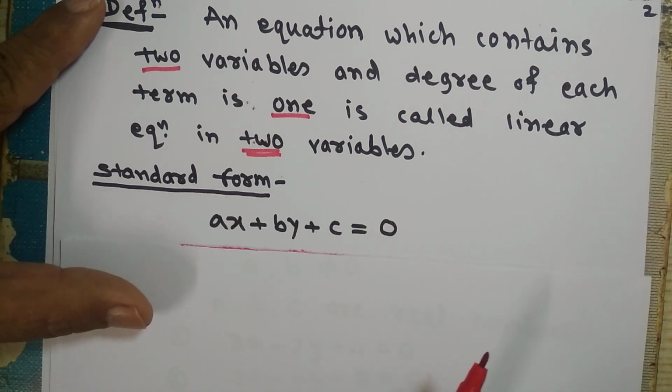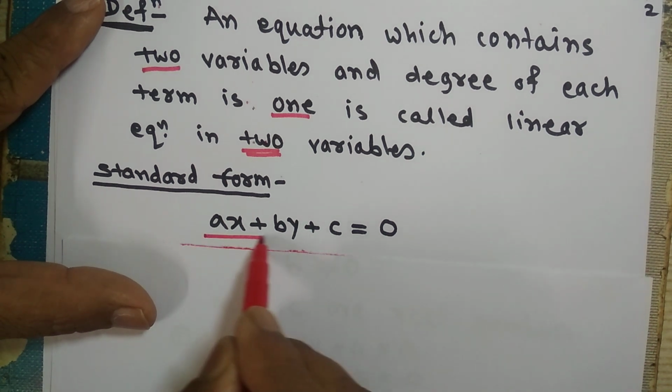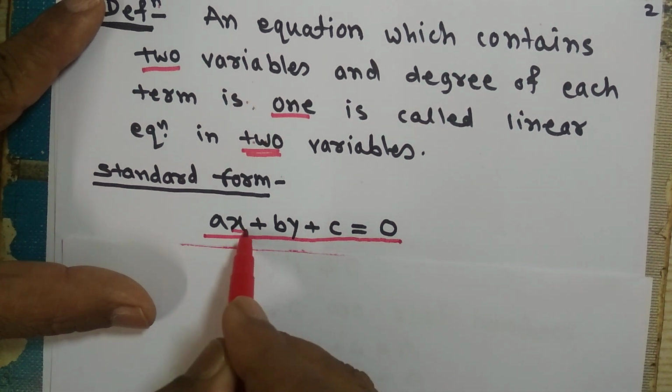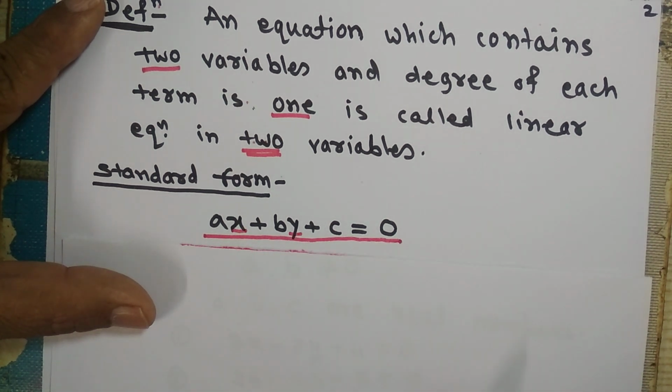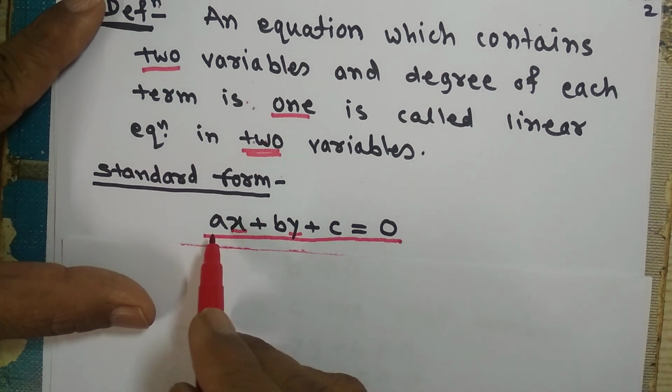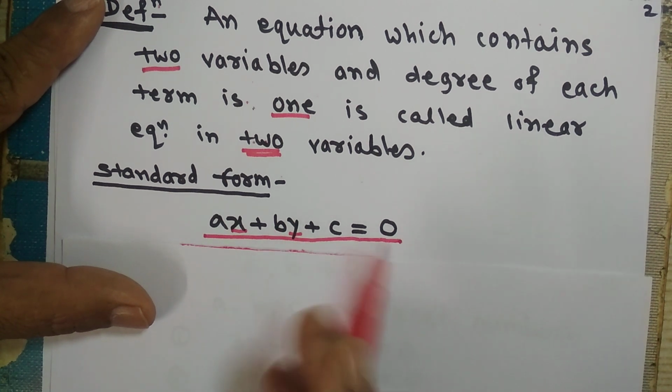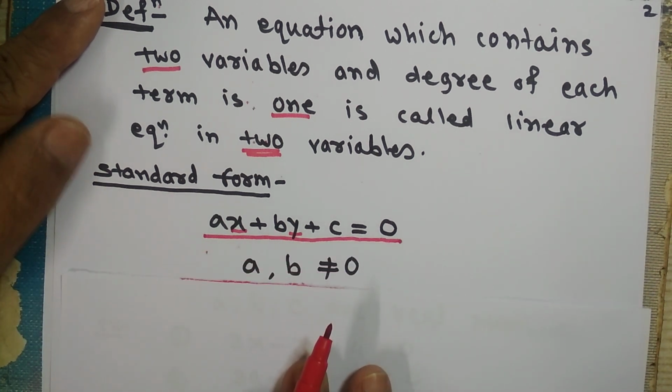This will be ax plus by plus c is equal to 0, where x and y are two variables. Therefore, we say this is linear equation in two variables. And in this case, a and b are not equal to 0. This is the condition.